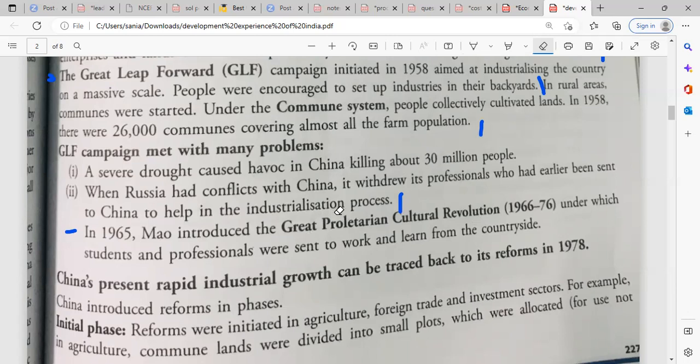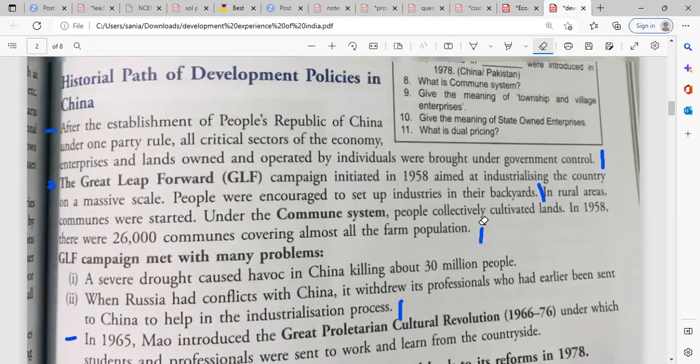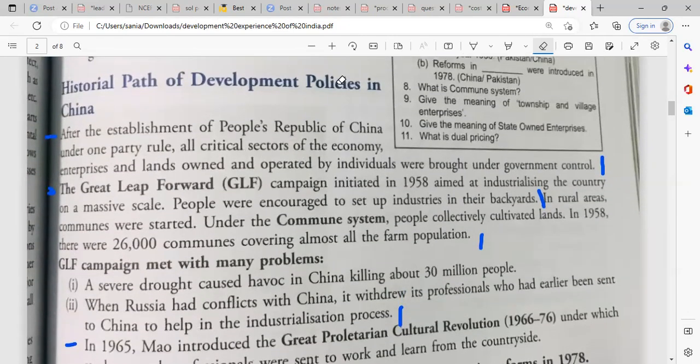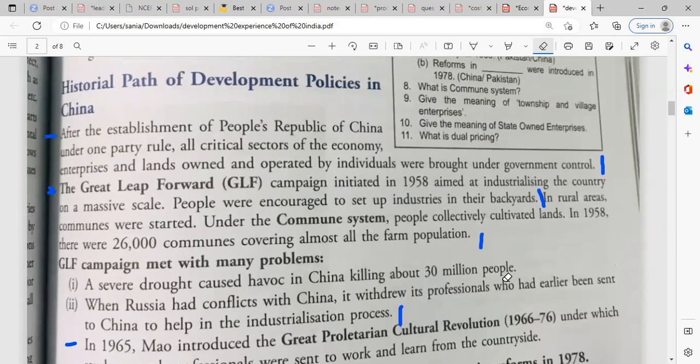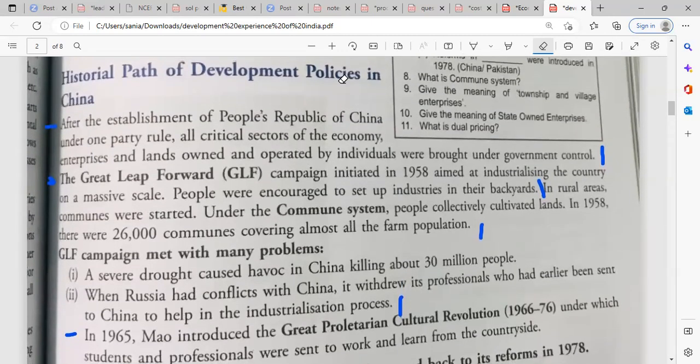This is known as the Great Proletarian Cultural Revolution. Clear? So first write the hashtag 'Historical path of development' with the first, second, and third points, and then the hashtag GLF, the Great Leap Forward campaign, and then the hashtag Great Proletarian Cultural Revolution. Clear? Okay.